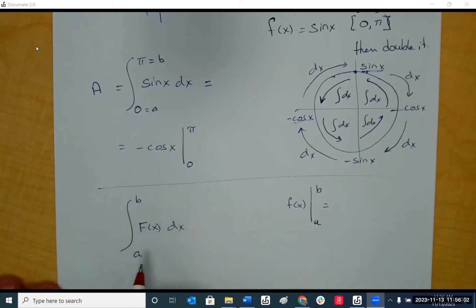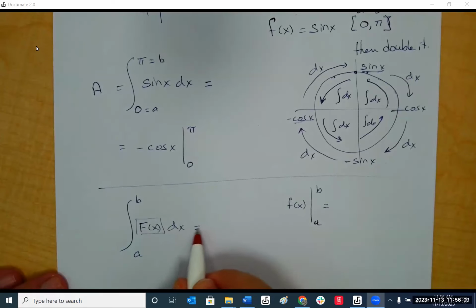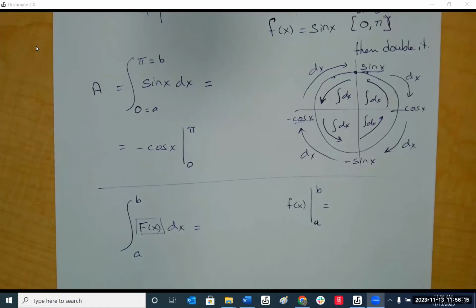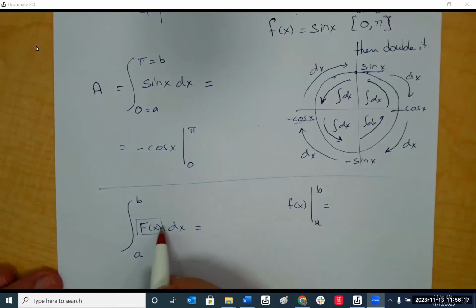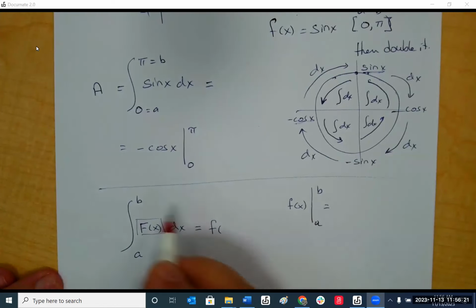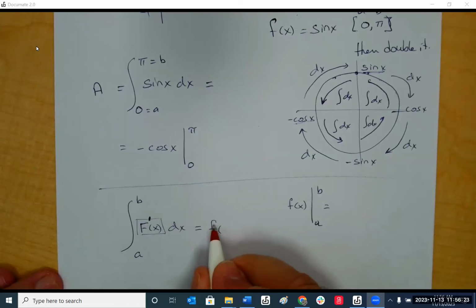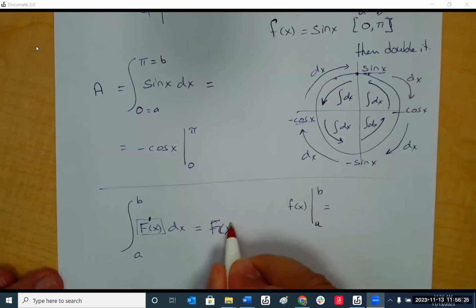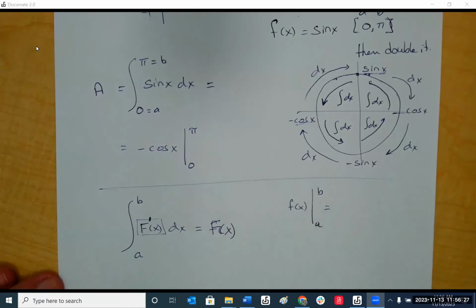When you take the antiderivative, this is the derivative. What you're going to tell me is what function has this as a derivative. So that's actually f prime, and that's going to give me the function f.